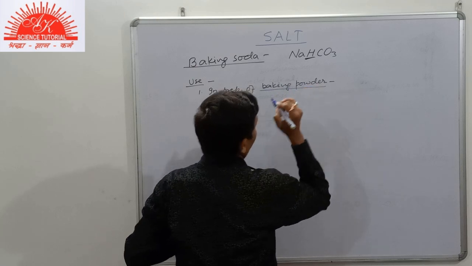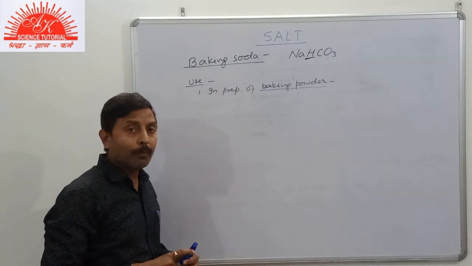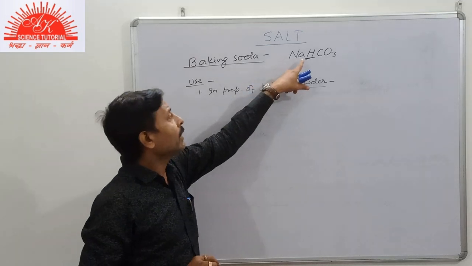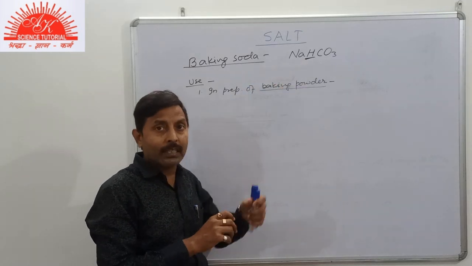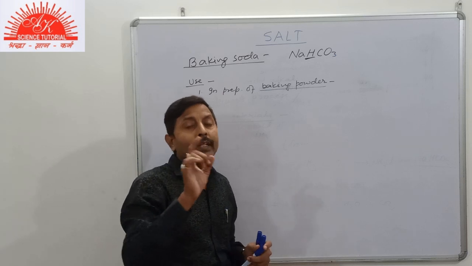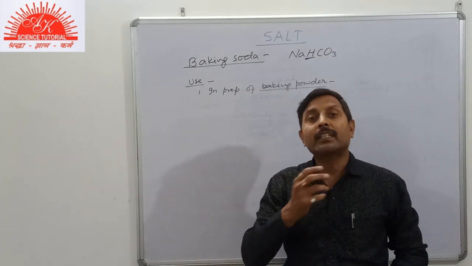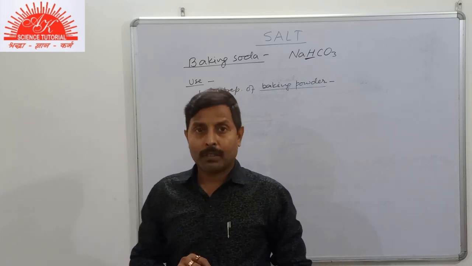Now what is baking powder? It is not the baking soda. Normally when this is heated, sodium carbonate is produced. Sodium carbonate gives a bitter taste to the edible items.